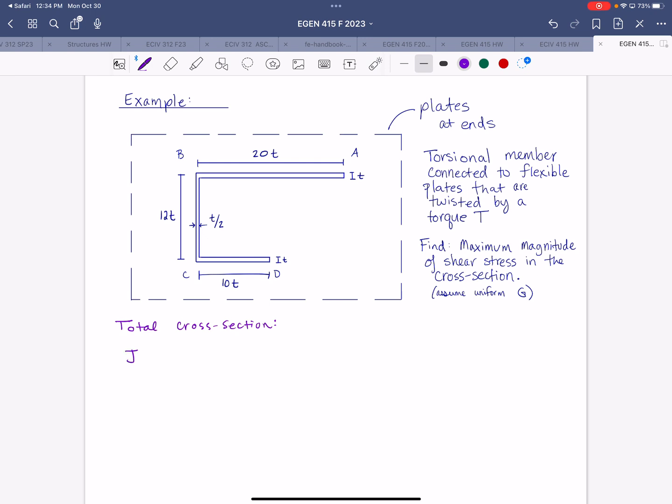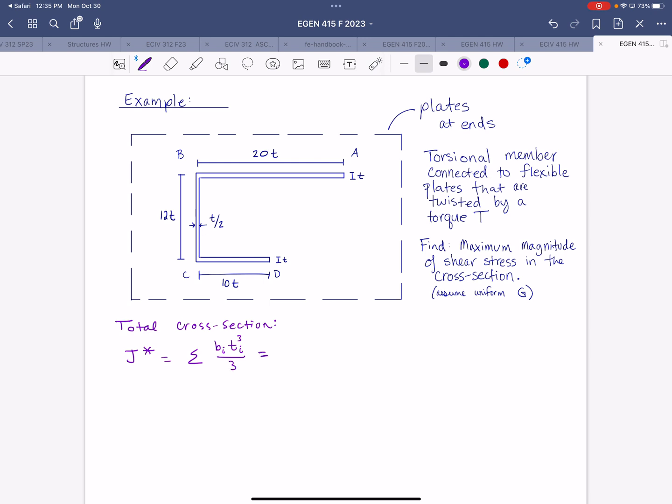And we're going to calculate that J star for the entire cross section. That's just going to be the summation of the length of an individual segment times the thickness of that segment cubed divided by 3.